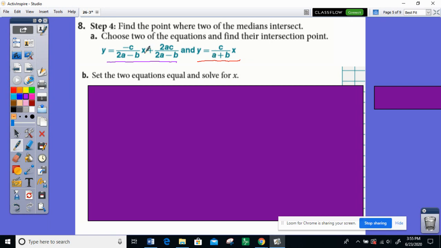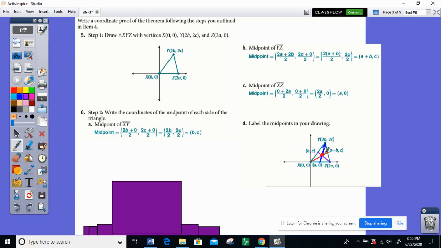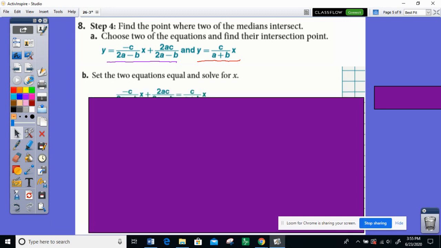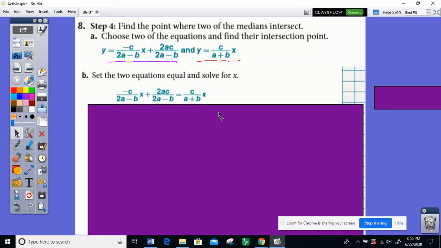So we're going to set these two equations equal and solve for x. In other words, we're going to try to find the x coordinate for this centroid right here. Now, we're going to look at this step by step, just a little bit at a time. See, we're using the substitution property to set these two equations equal to each other. If they're both equal to y, then whatever's on the right side must be equal to each other.